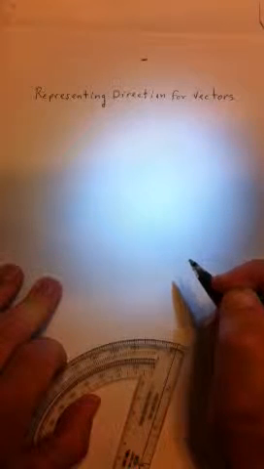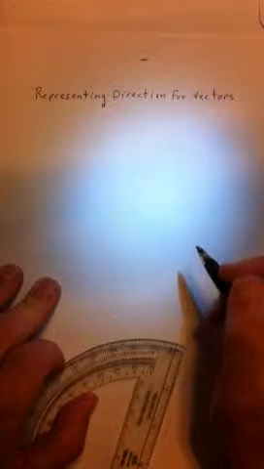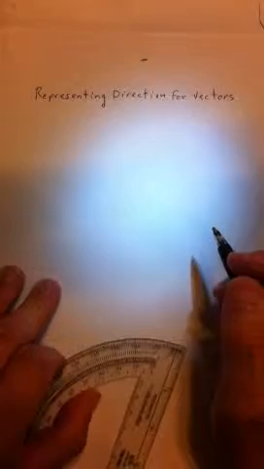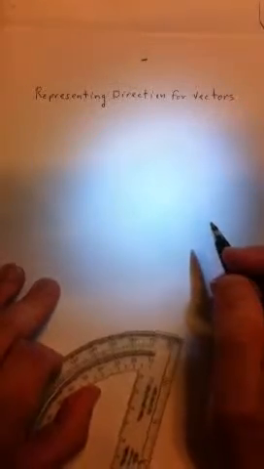In some problems, motion occurs in one direction only, or one dimension, and so the simplest type of representation would be to use an axis, such as the x-axis or the y-axis, to indicate the direction of a vector that lies along one of those axes.